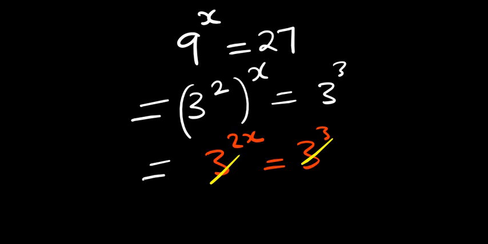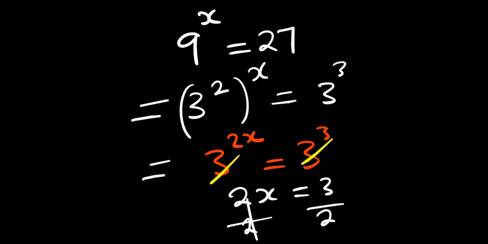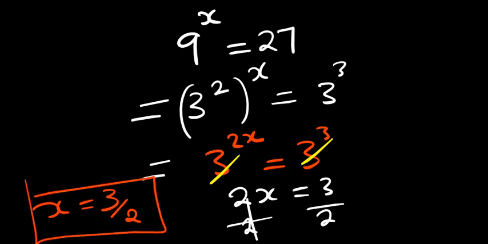What do I have? I have 2x is equal to 3. So for me to remain with x, which we are finding, I'm going to divide by 2 on both sides. Therefore, what will be my final answer? x will be equal to 3 over 2. That will be my final answer in this case.